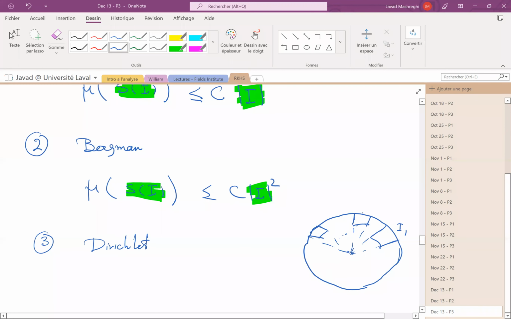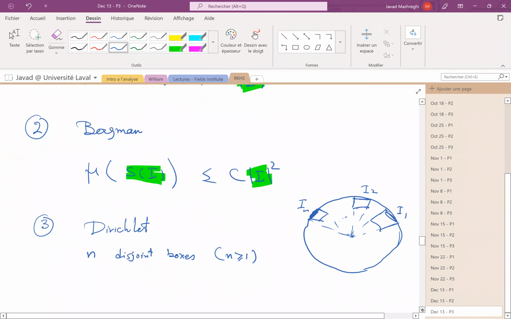So I call this I1, I2, up to IN. These are n disjoint boxes, and there is no restriction on n.